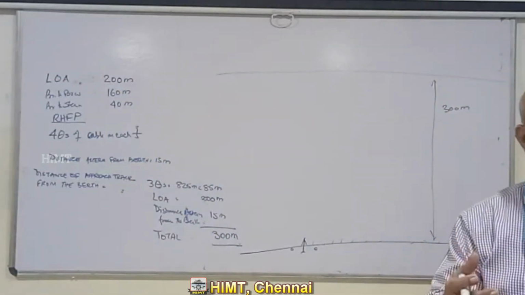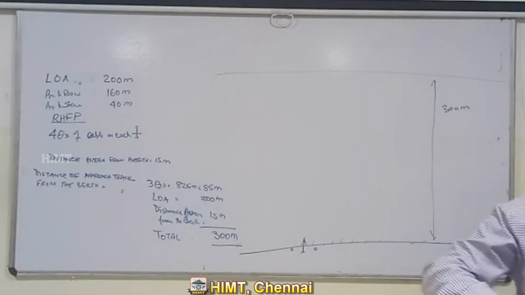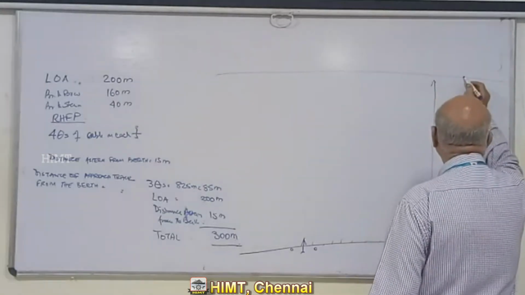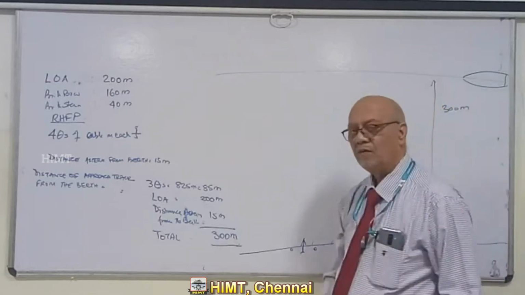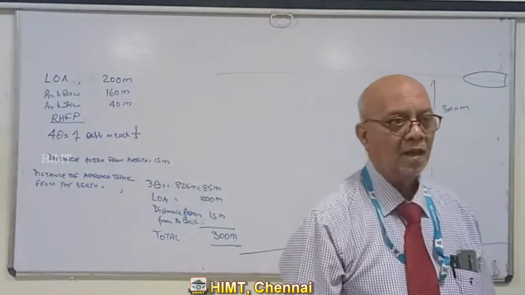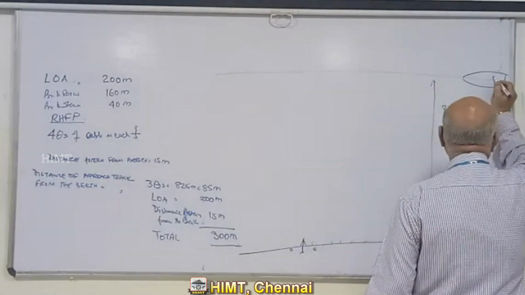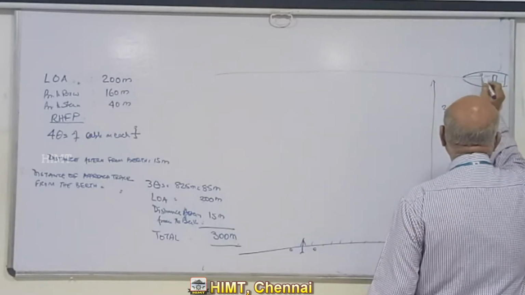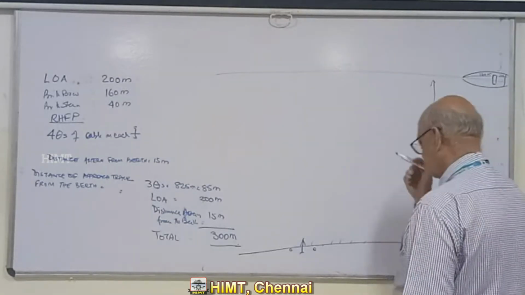So that when we go astern, I will be able to use my transfer thrust as well as rudder force to turn on our port side. Now we know our distance. This was 160 meters and this is 40 meters.